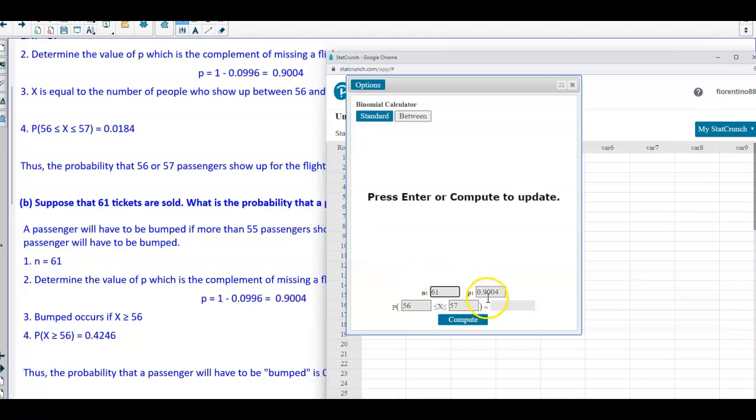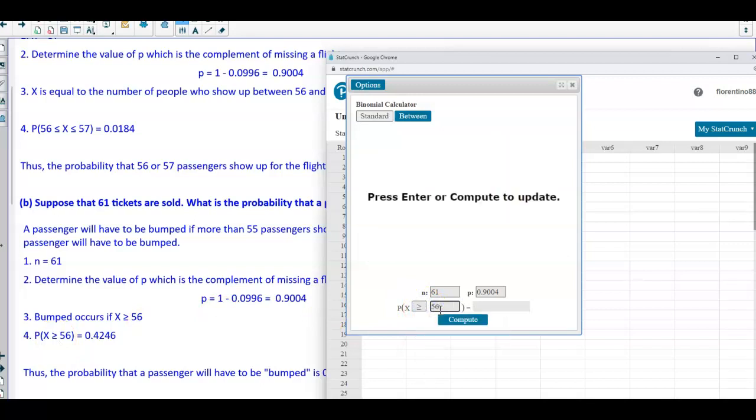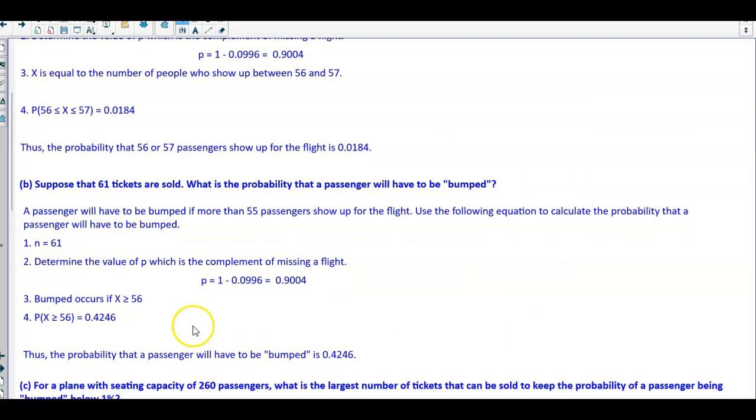We know that the probability is 0.9004. And now we're going to go back to standard where the probability of x is going to have to be greater than or equal to 56. If we put in that probability, that tells us that 0.4246 is the value rounded to 4 decimal places.